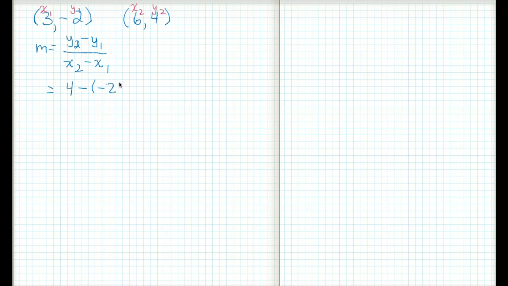So I'm going to very, very carefully put that in brackets because I have to watch out with negatives. So if I'm subtracting a negative, then that will eventually become adding a positive. So x2 is 6 and x1 is 3. So 4 plus 2 is 6 and 6 minus 3 is 3. And then I look to see if I can simplify it. That's equal to 2. So the gradient of the line joining these 2 points is equal to 2.